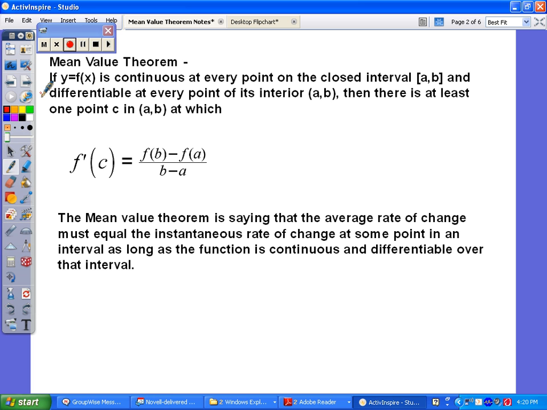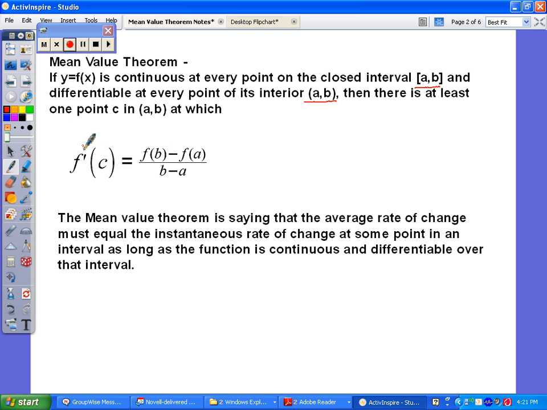So the formal definition of the mean value theorem is that if f of x is continuous at every point on a closed interval and differentiable at every point on the interior, or on an open interval, there is at least one point c between a and b, where c is an x value, at which f prime of c is equal to f of b minus f of a all over b minus a.